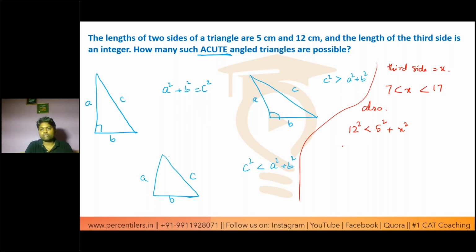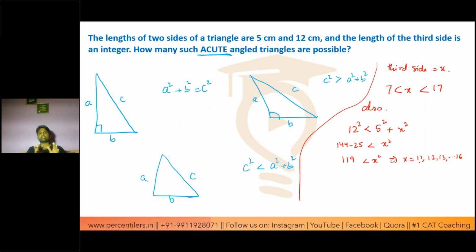Okay, so 144 minus 25 is smaller than x square. So this implies x must be 11, 12, 13 ऐसे 16 तक है ना. So 6 values तो ये हो गई.